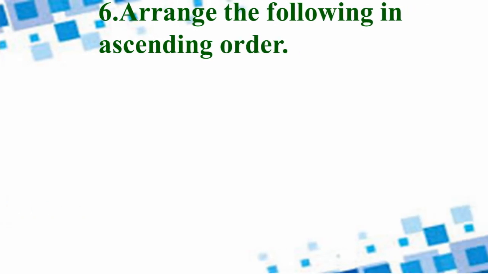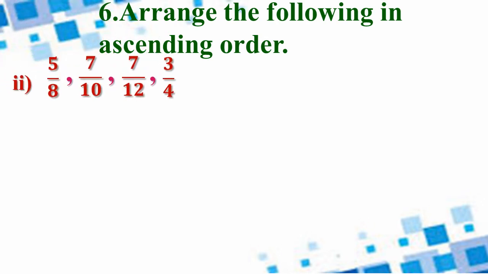The sixth sum. Arrange the following in ascending order. The given fractions are 5 by 8, 7 by 10, 7 by 12 and 3 by 4. We already know ascending order means to arrange the fractions from smallest to largest.